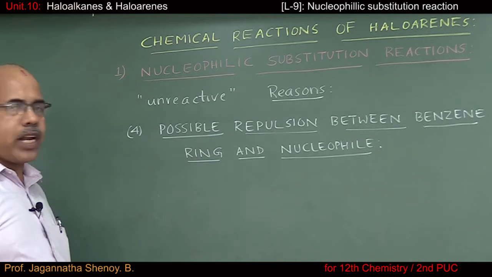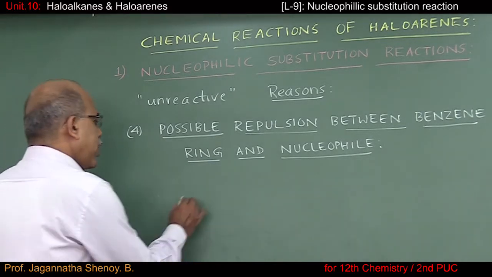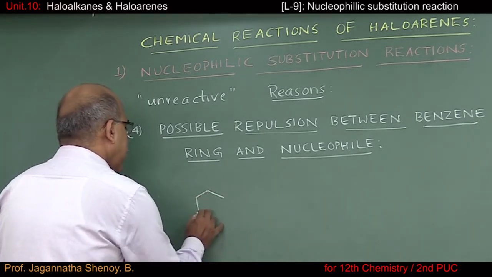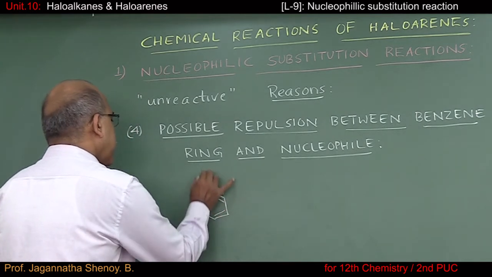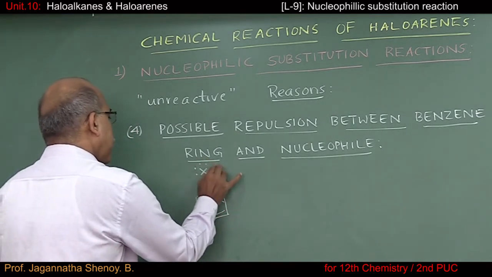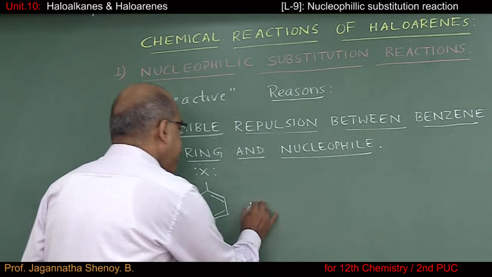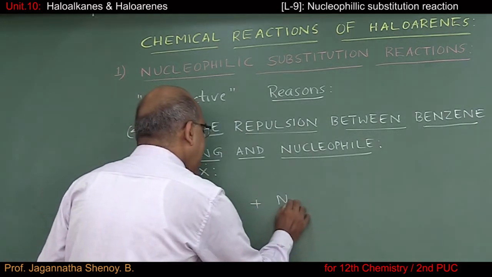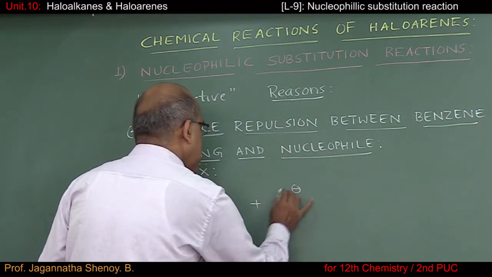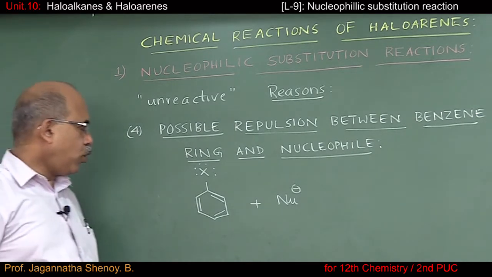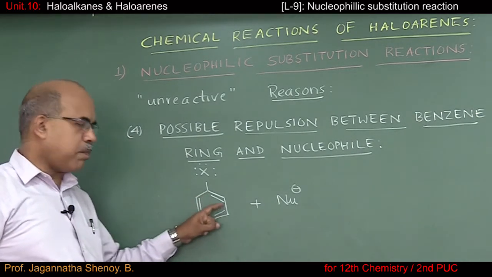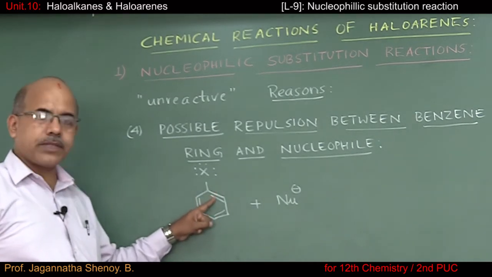If haloarene has to undergo nucleophilic substitution, we have substrate haloarene and the nucleophile has to approach the benzene ring of haloarene. You know that in haloarene this benzene ring is electron rich.